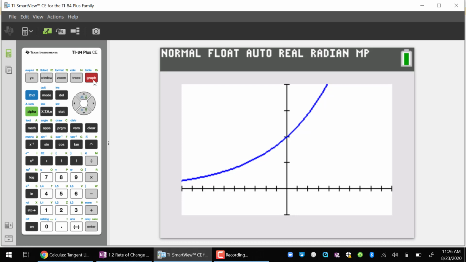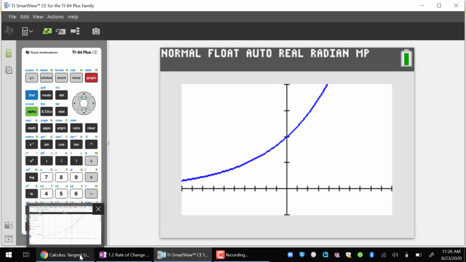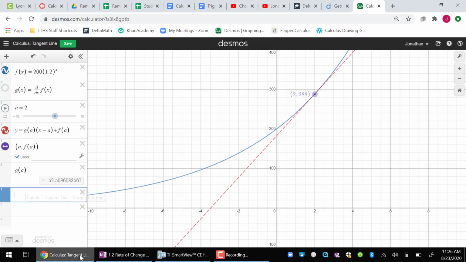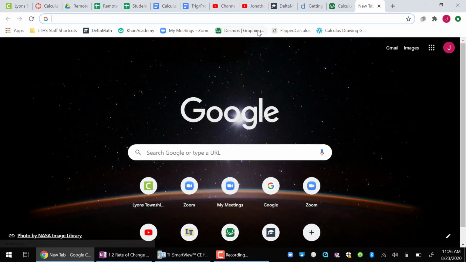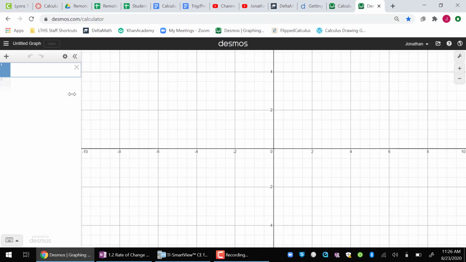And the question says, as time passes, as time increases, what is going on? How would you describe the rate of change in this function as that happens? And to maybe illustrate this better, I'm going to show you Desmos. So if you are able to look at a computer, Desmos.com has its own really nice dynamic graphing calculator feature.